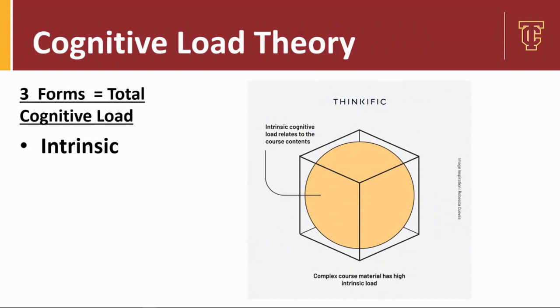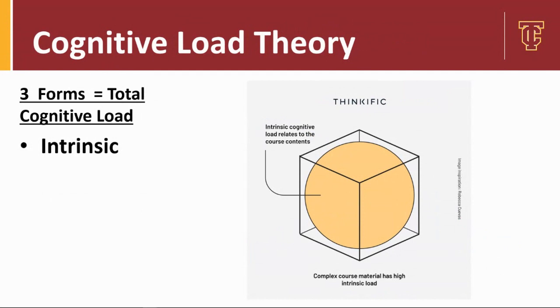And this visual, I think, very clearly explains that intrinsic cognitive load is the course contents and just what is inherently challenging, or just the inherent quality of that instruction, right?